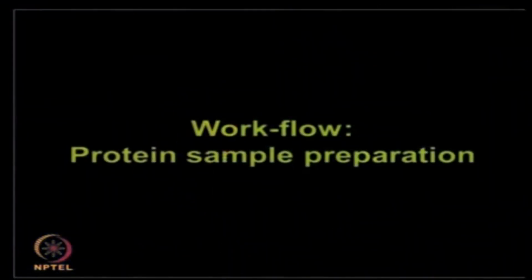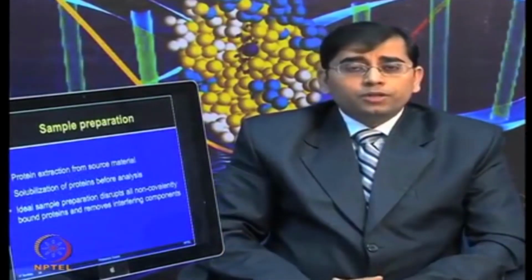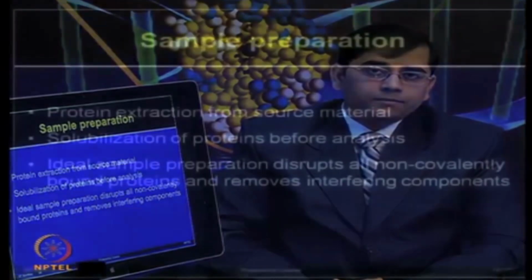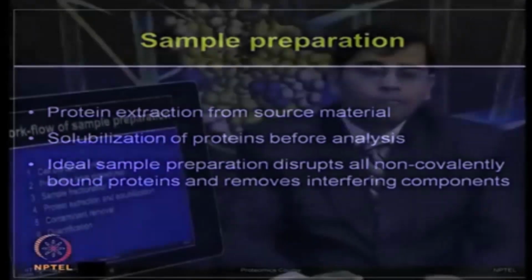So, I am giving you the workflow of protein sample preparation. Let us go step by step. Sample preparation: the protein extraction should be performed from source material, and then you need to solubilize the proteins before starting analysis. The ideal sample will disrupt all the non-covalent bonds present with the proteins, and it will remove the other interfering compounds.